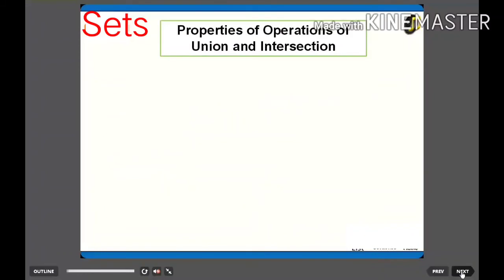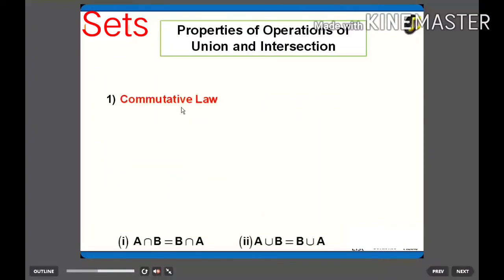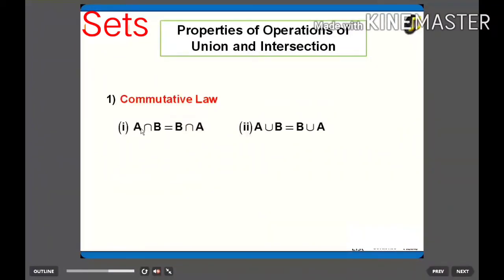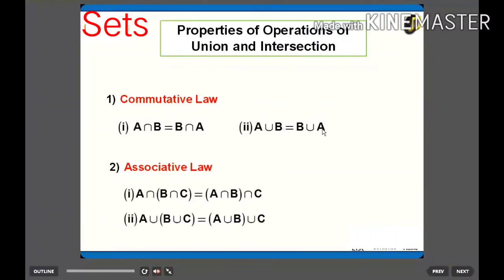Now the properties of operations of union and intersection. There are some properties that we have to do. The first property is the commutative law. Commutative means A intersection B and B intersection A are both equal, and A union B and B union A are both the same.